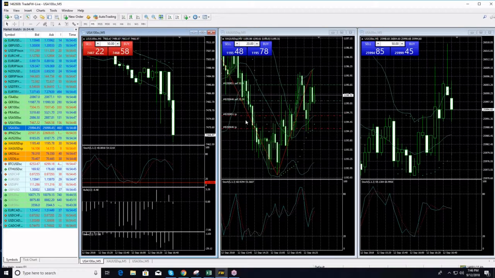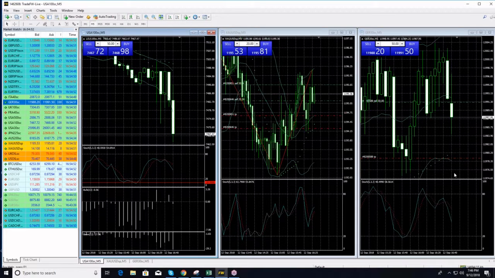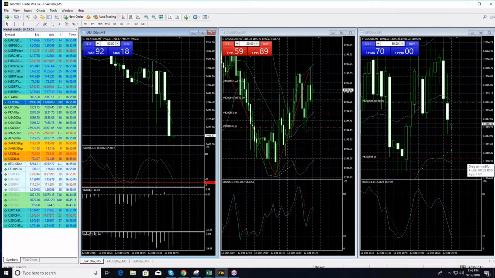DAX just started again to be in profit. Just right now. Yeah, come on. Maybe we can get a bit of profit from DAX. Close also DAX.